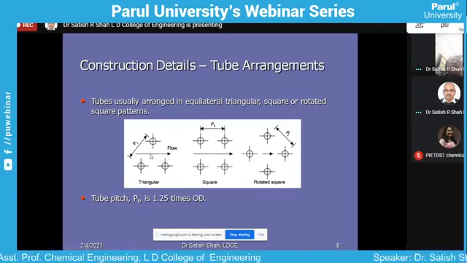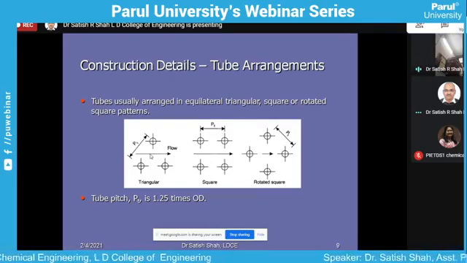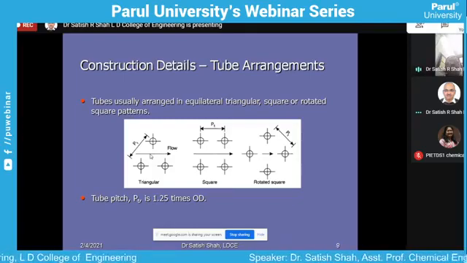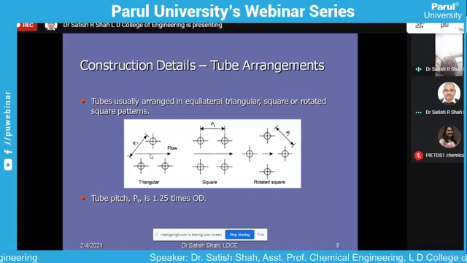So if your tube OD is 19.05 mm, then your tube pitch will be 23.81 mm. This is general; you can vary it later on, because if you want to adjust your pressure drop, sometimes we have to adjust it. But normal practice is to keep it 1.25, and accordingly they have given all dimensions.